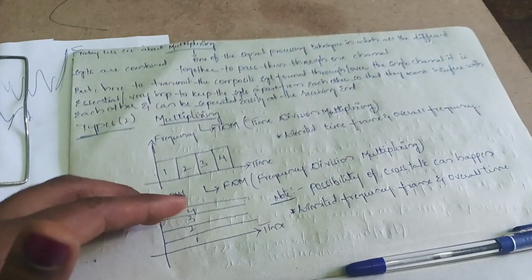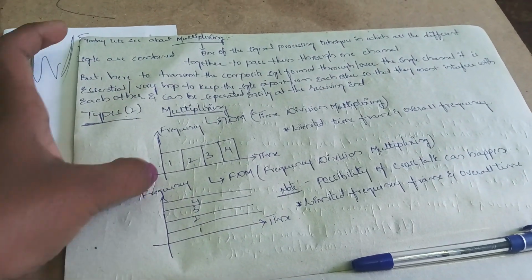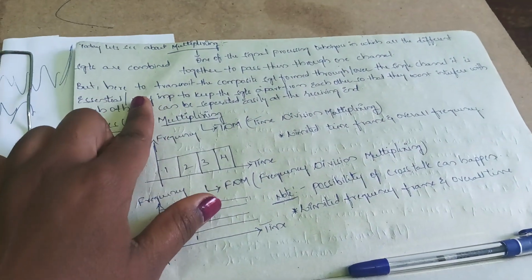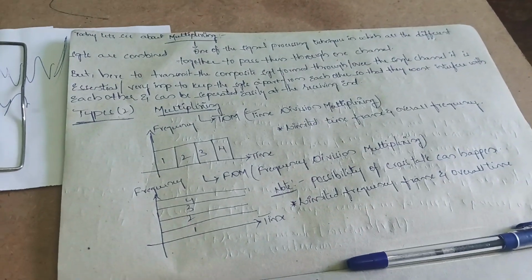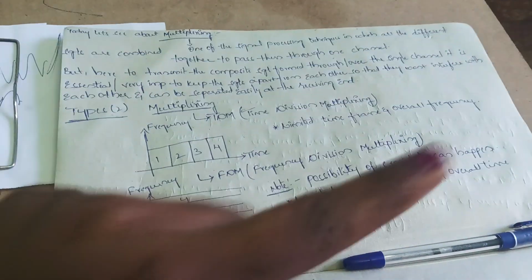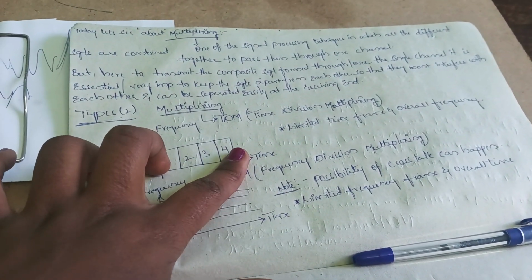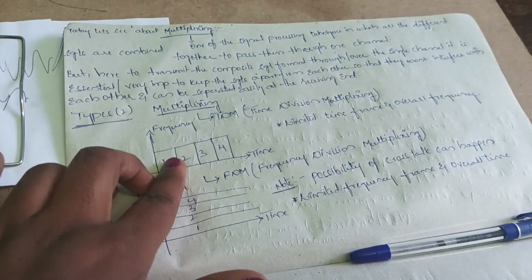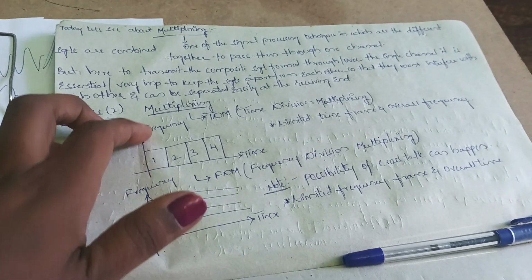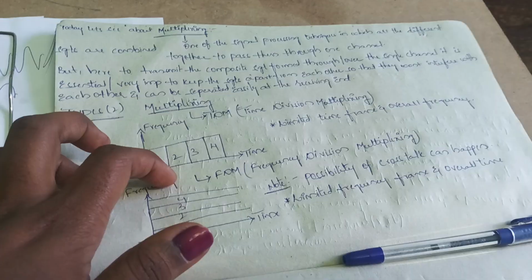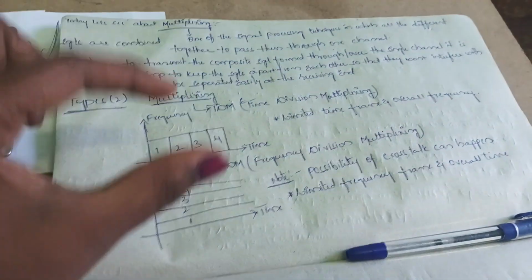So TDM, let's take the graph over here. As we know, multiplexing is nothing but the transferring of multiple signals through one channel, right? So we have four users and they are passing their signals over the same frequency, but within a limited time.